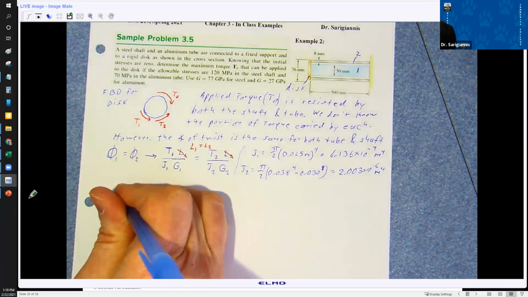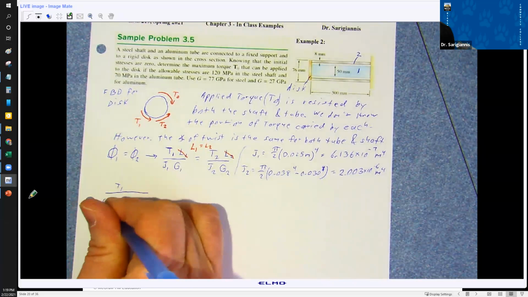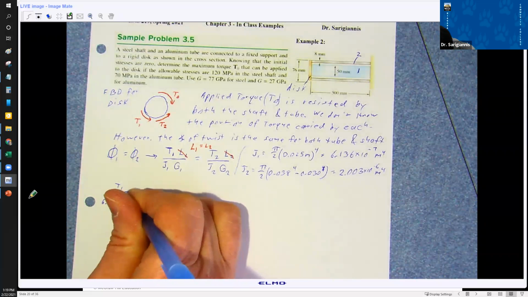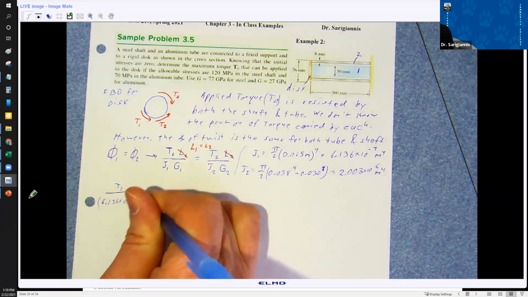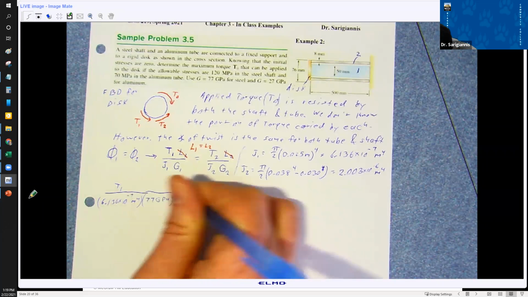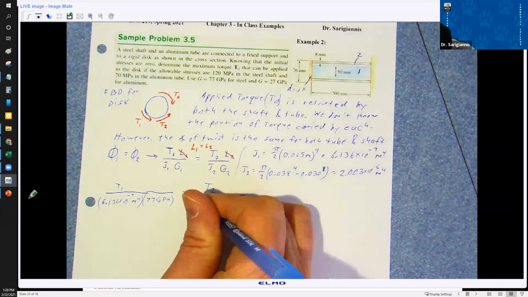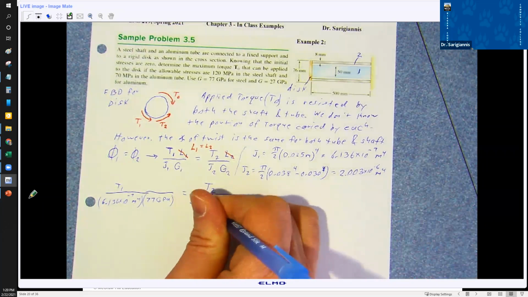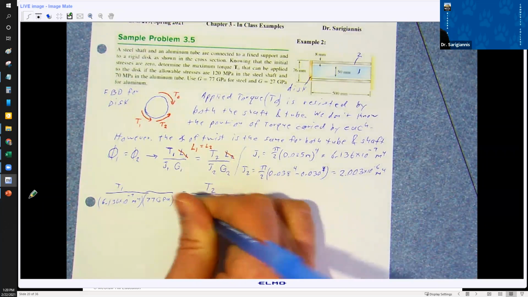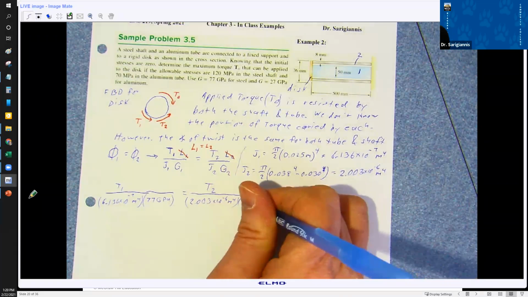T1 over J1, I've got 6.136 times 10 to the minus 7th meters to the 4th, here I've got 77 gigapascals, and this is equal to T2 over J2 G2, so that's 2.003 times 10 to the minus 6th. And G is 27 gigapascals.